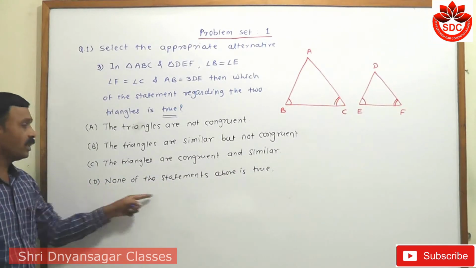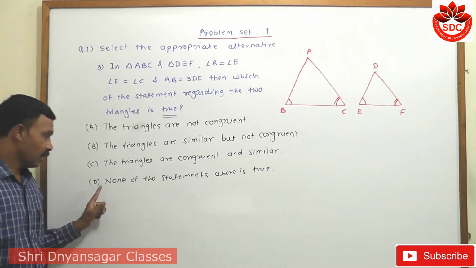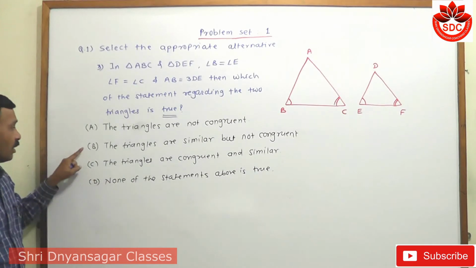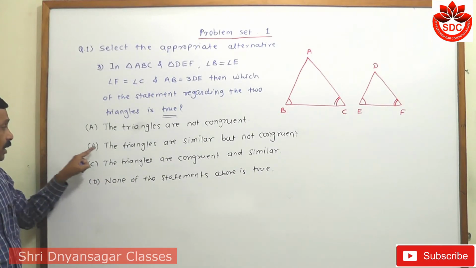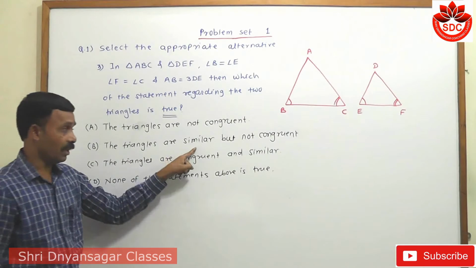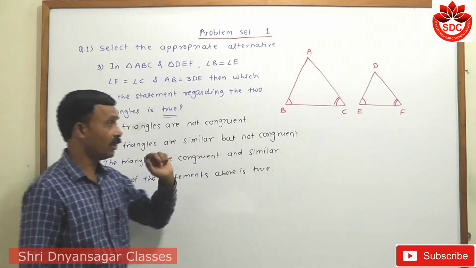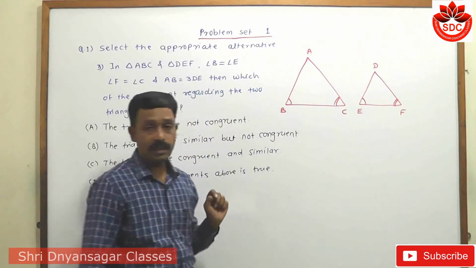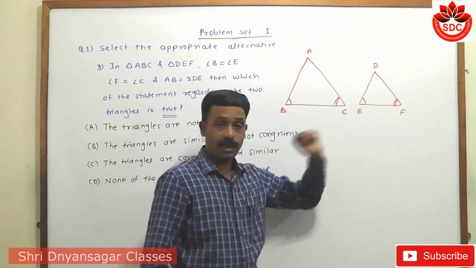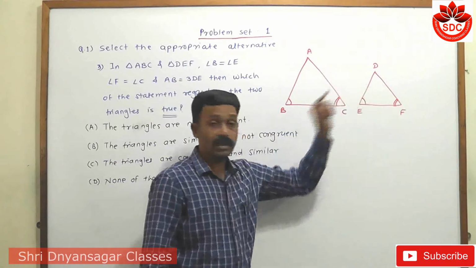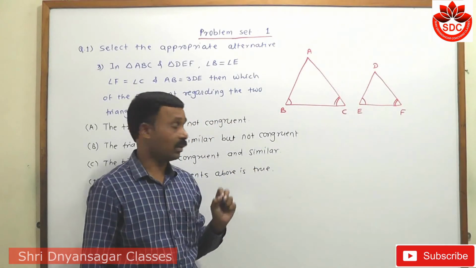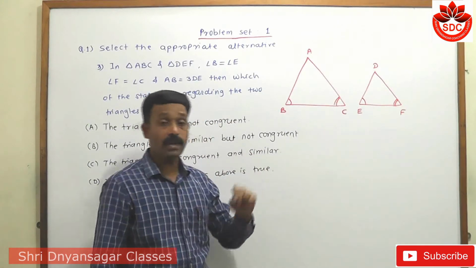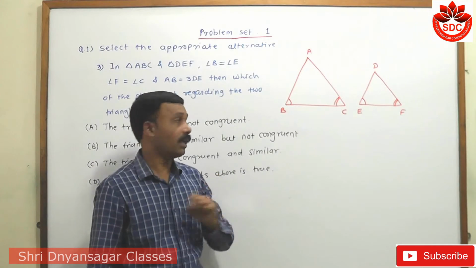And none of these is not the answer, because the second statement B, the triangles are similar but not congruent, is true, because angle B is congruent with angle E, and angle C is congruent with angle F. This means these two triangles are similar by using a similarity test.